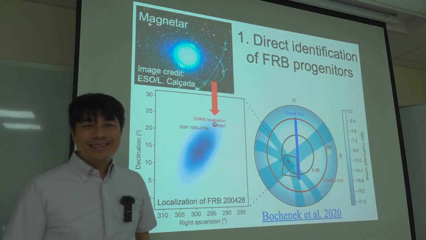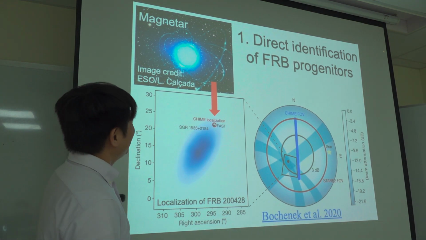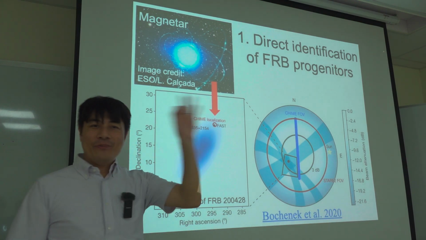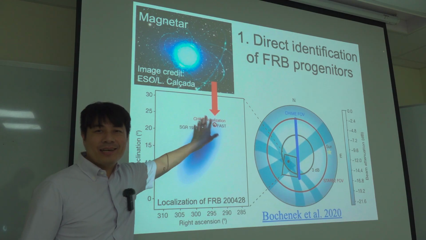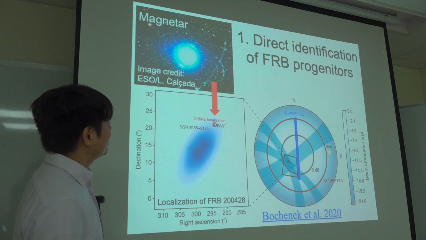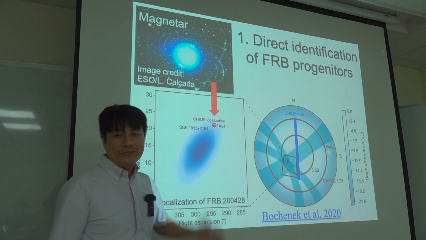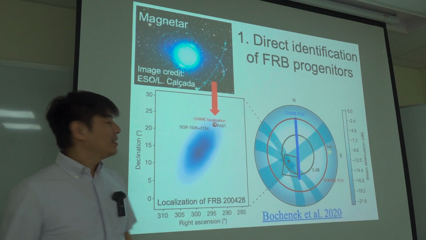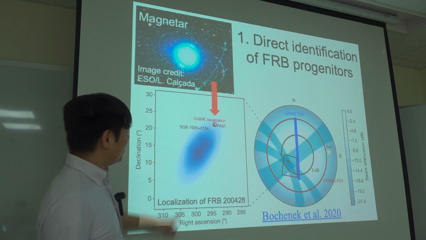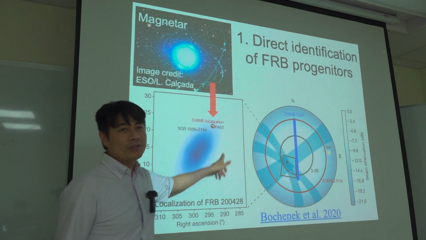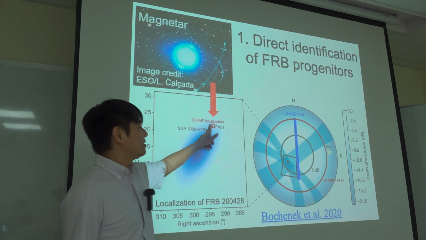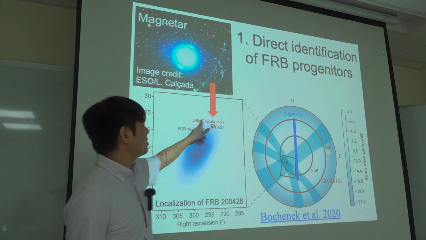What do we expect? Let me quickly summarize. One thing is that we really pinpoint the progenitor of FRBs. There is actually one successful case in the past. A very bright FRB happened, and then an FRB instrument detected it. The error circle on sky is huge. They didn't know where it was at the beginning.